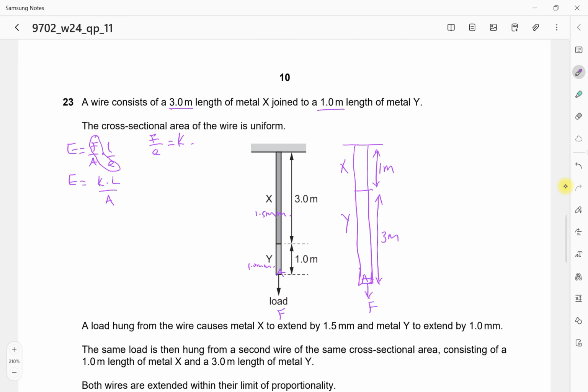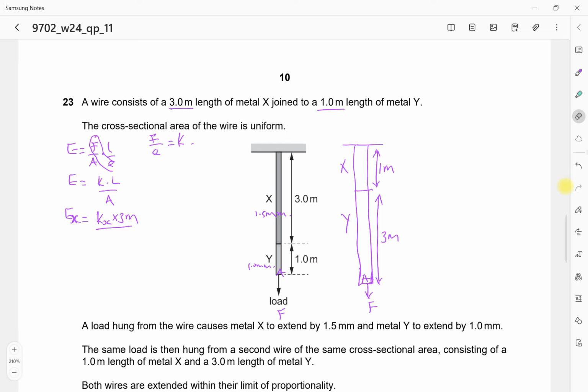Okay, so let me start with wire X. Sorry, I don't need to use K, because the extension may not be the same.